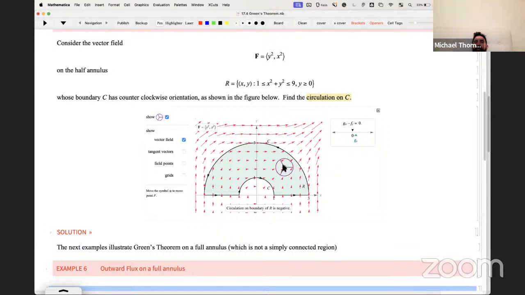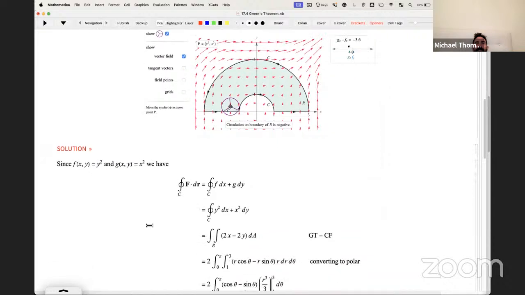But look what happens over here. We've got negative curl there, even more negative curl there, even greater negative curl there. Lots and lots of negative curl. So just based on our intuition, it seems like most of the curl is negative inside this region. This aligns with what we were talking about earlier with Green's theorem. If we add up all of those curls, we should get a negative result.